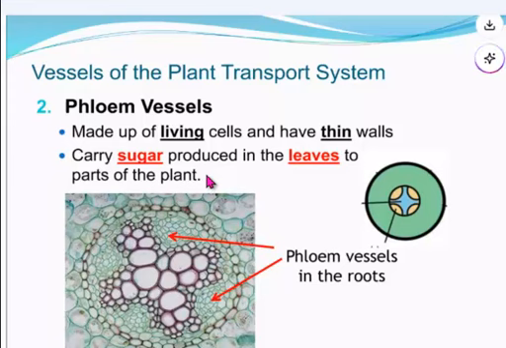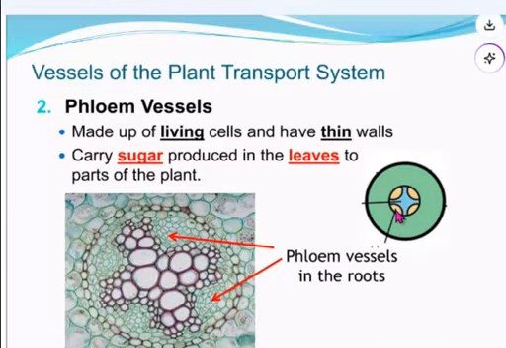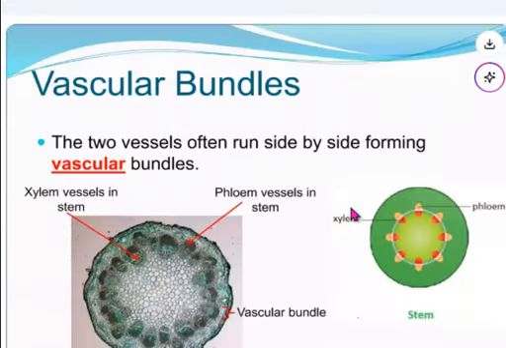If you understand photosynthesis very well, the sugar is produced from the leaves, and that now needs to be transferred to other parts of the plant. So the phloem vessel, made up of living cells with thin walls, carries sugar produced in the leaf to parts of the plant. Phloem vessel in the root. It is also found in the root, and that's the diagram you can see on your screen right now.